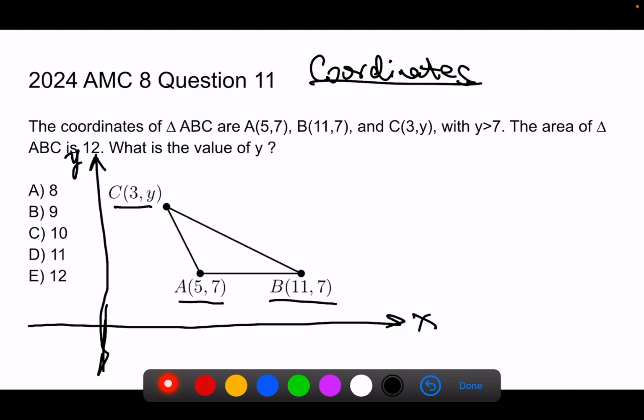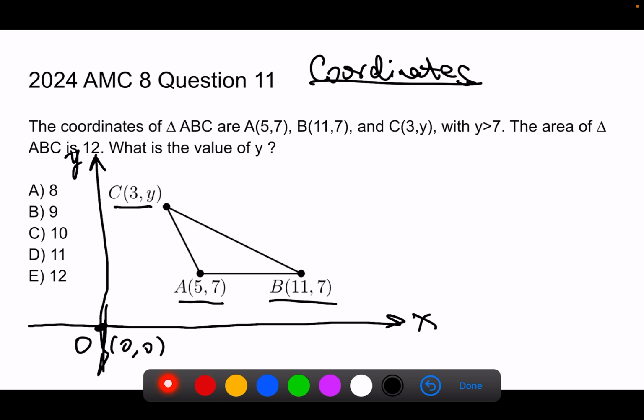And one point is going to be the origin, the starting point, (0, 0). And then, for example, how do you go from (0, 0) to (5, 7)? Well, you go to the right by 5 units, and you go up by 7 units. By the way, in principle 7 should be a bit higher, but I don't have enough space. And then you will get A is (5, 7).